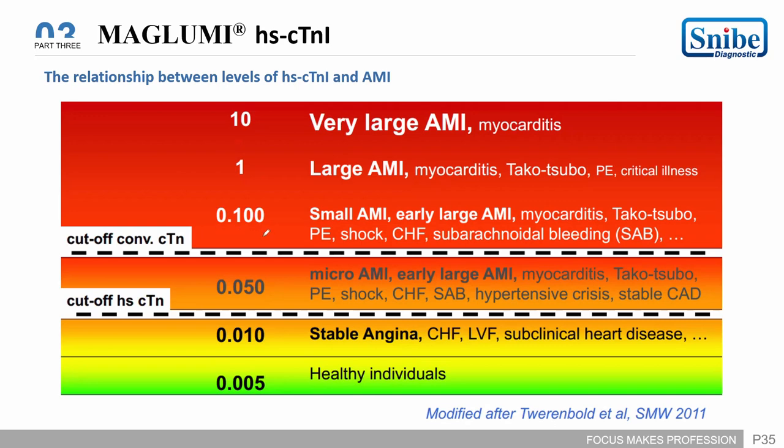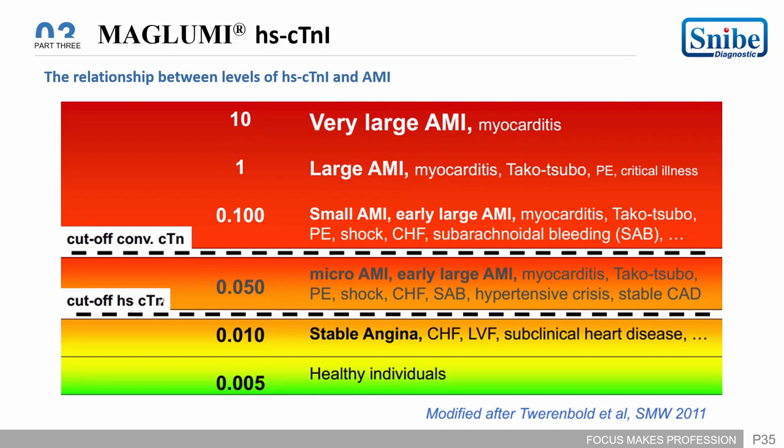If it's a 0.1 value, this is a small acute myocardial infarction, or maybe an early large acute myocardial infarction, or myocarditis, or some shock, CHF, or subarachnoid bleeding. If you reach the 1 value, it's a large AMI, myocarditis, or Takotsubo, or PE, or critical illnesses. If it's 10, it's a very large acute myocardial infarction or myocarditis.